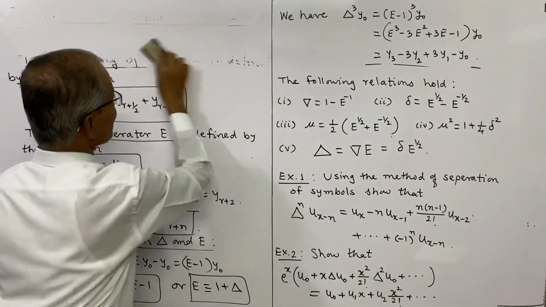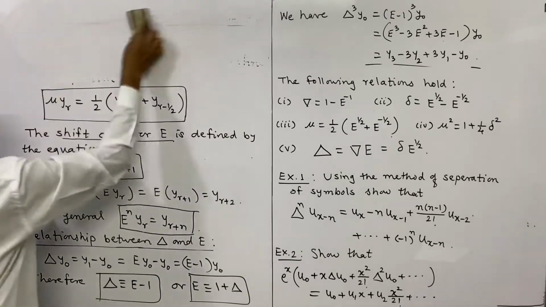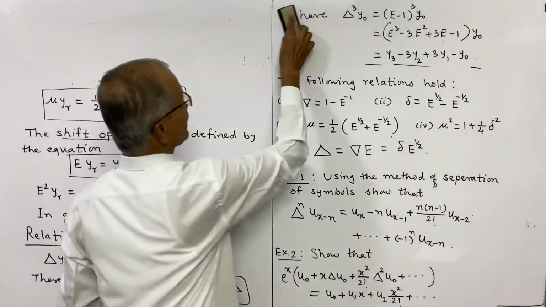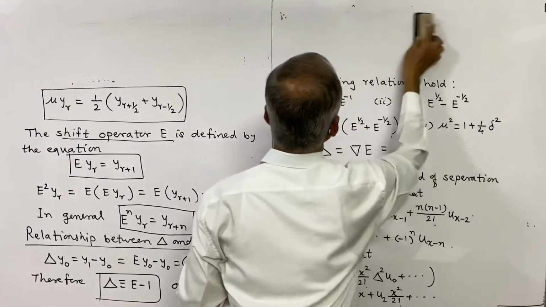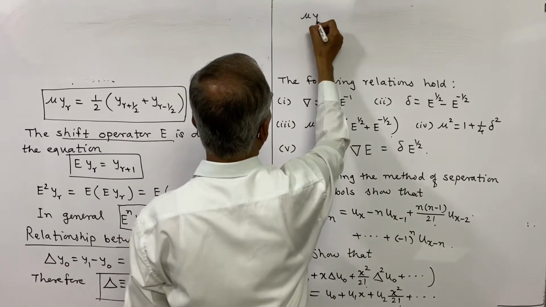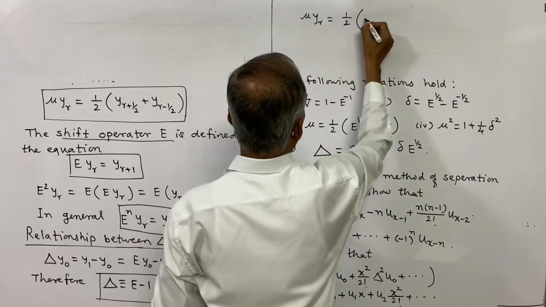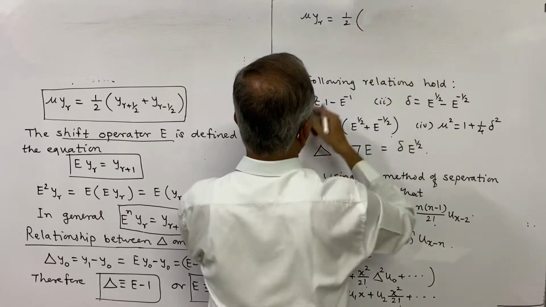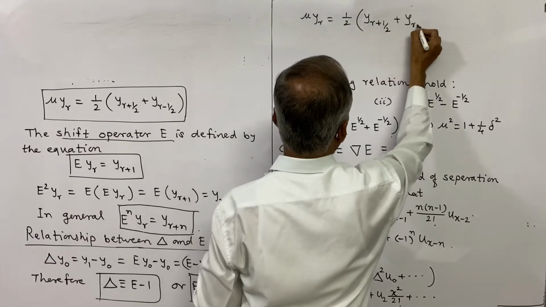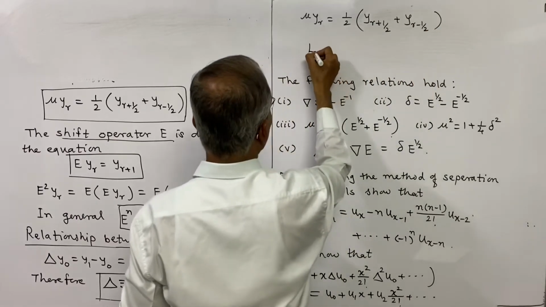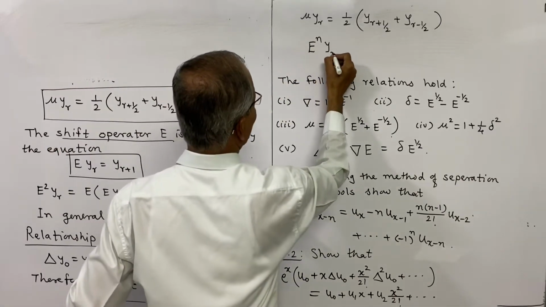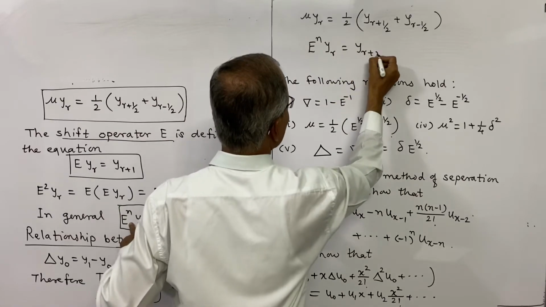Now see the first one. So this also we have to remember, these two operators that I shall write here. The operator mu of y_r is half of y at r plus half plus y at r minus half, and E to the power n of y_r is equal to y_(r+n).